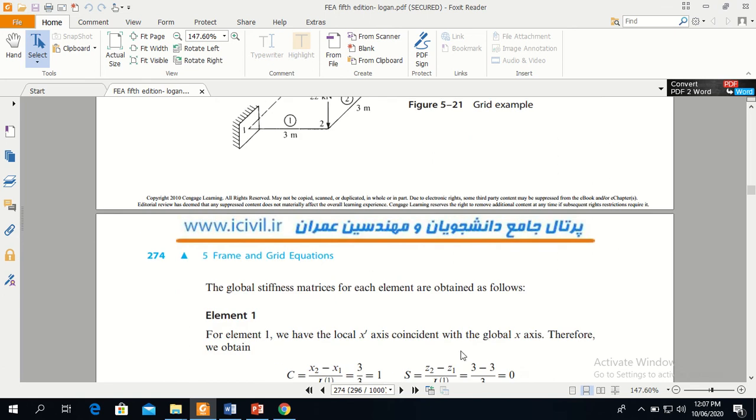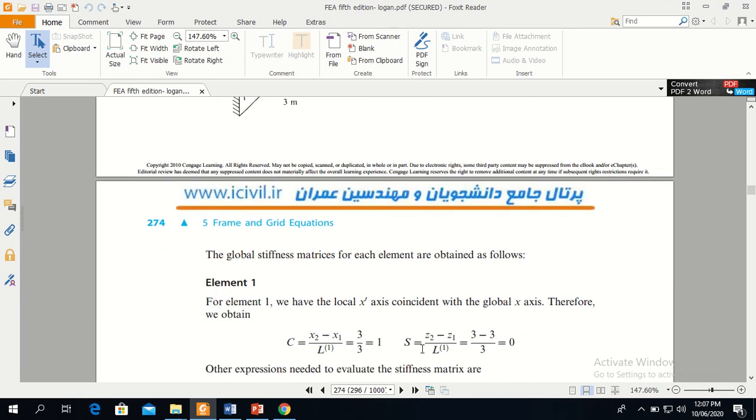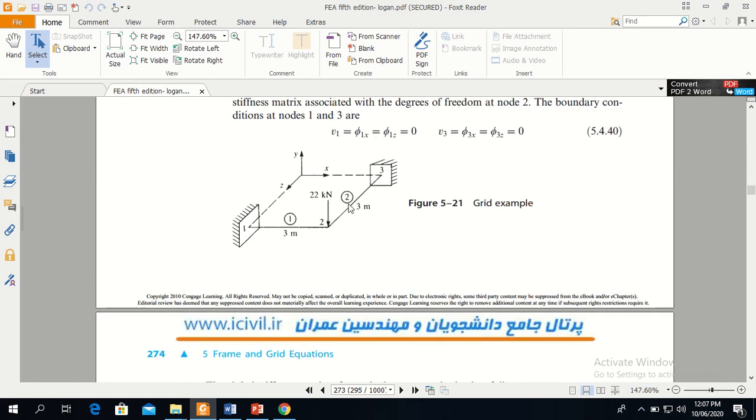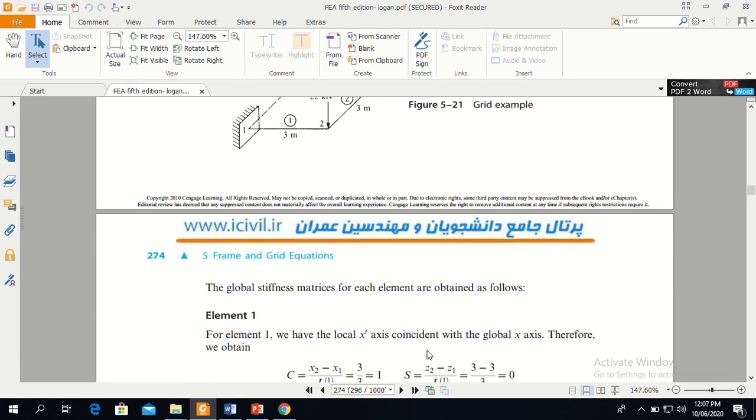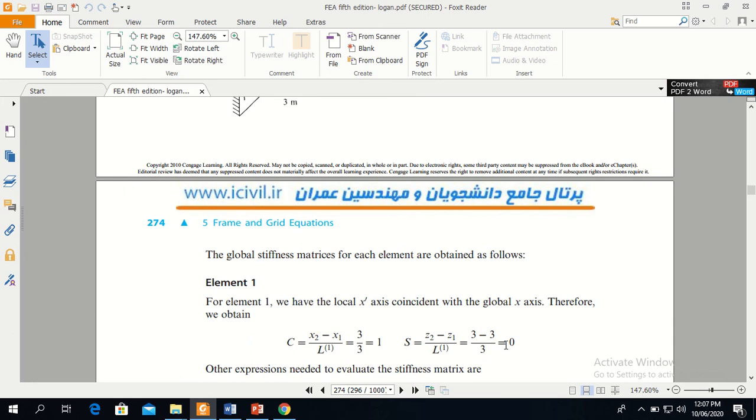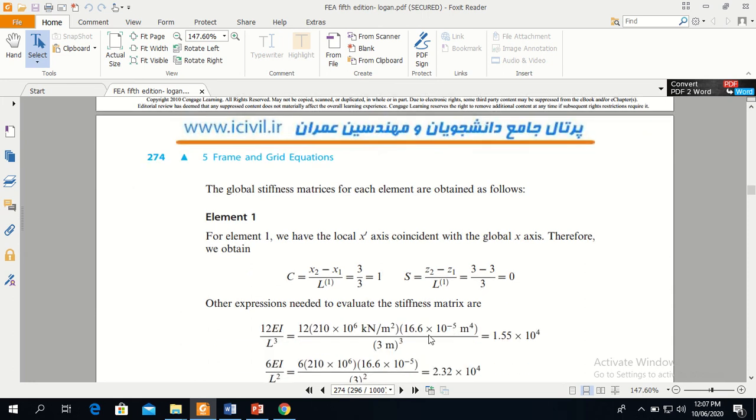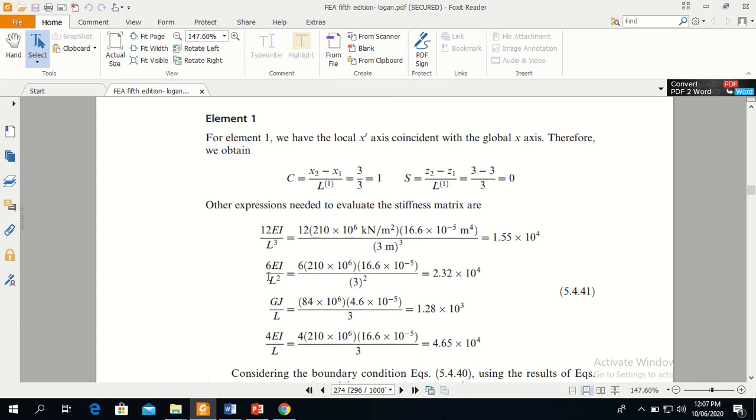Next, S is z2 minus z1, so the distance from this point to 1 is 3, and also for 2 is also 3, so 3 minus 3 is 0. So other terms that are used in the expression for the stiffness matrix are calculated here.